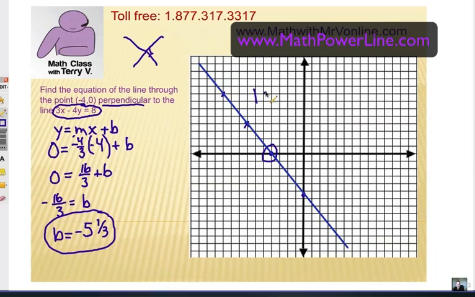That would be y equals negative 4/3 x minus 5 1/3. My pen kind of freaked out there for a second. Now if I use some algebra rules here, I can manipulate the x and the y and actually come up with standard form. If you'd like, I'll leave that up to you.